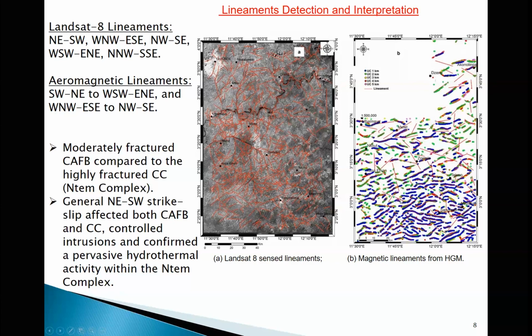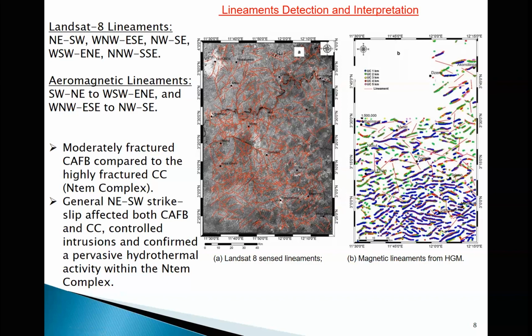So there was a lot of tectonic activity in the Ntem complex, which resulted in these fractures and dislocations in this area. But even within there, there are areas of less dense fractures, and there are areas of very, very highly dense fractures as well.